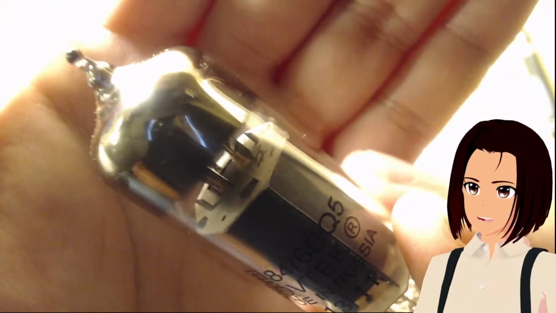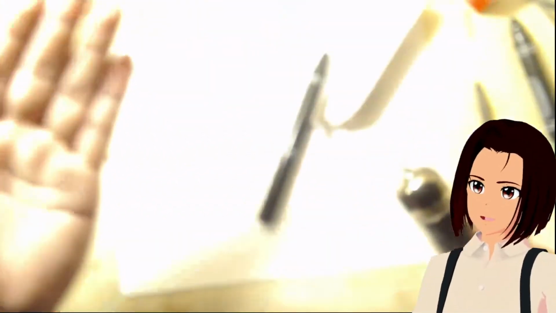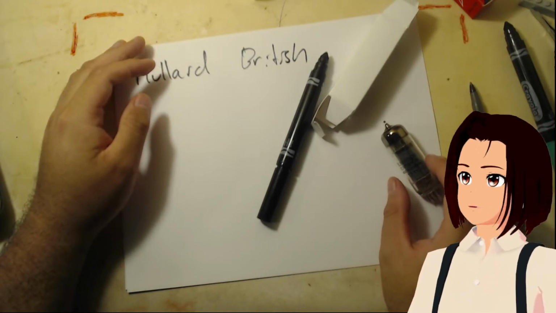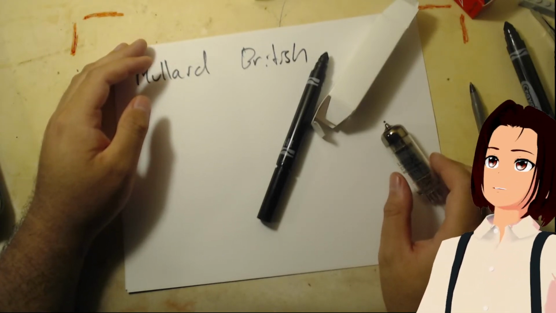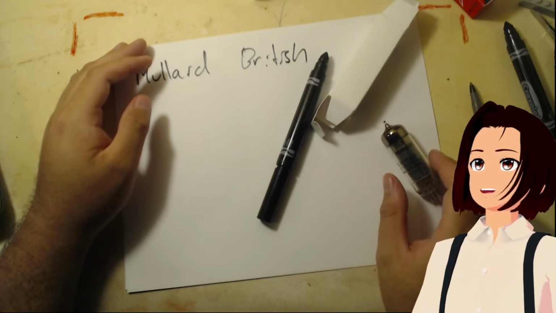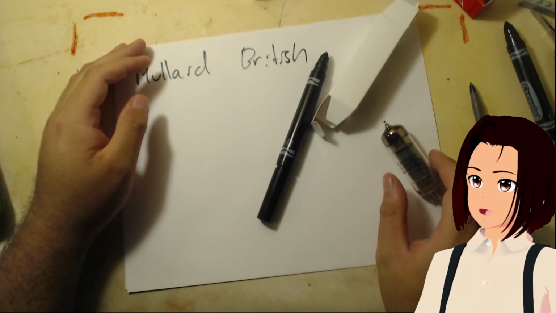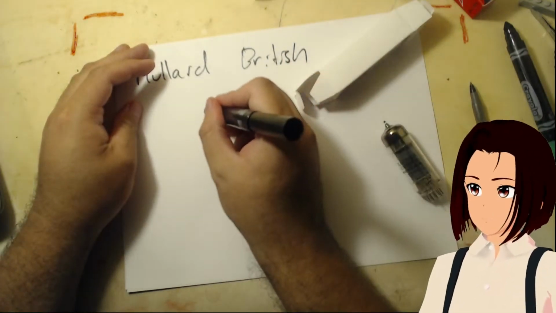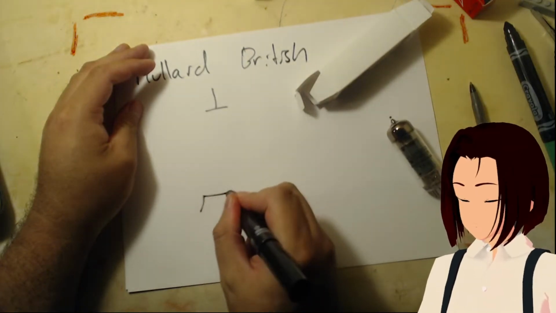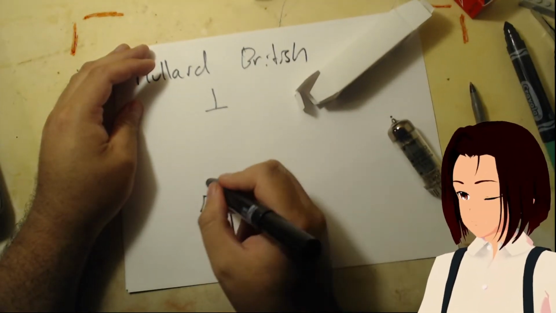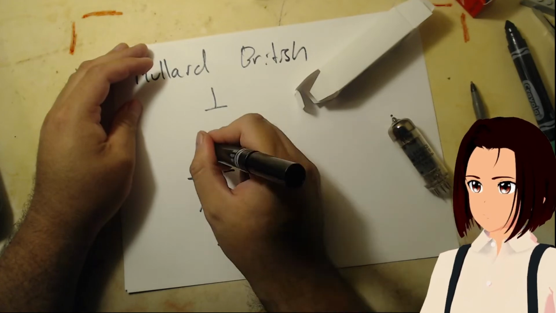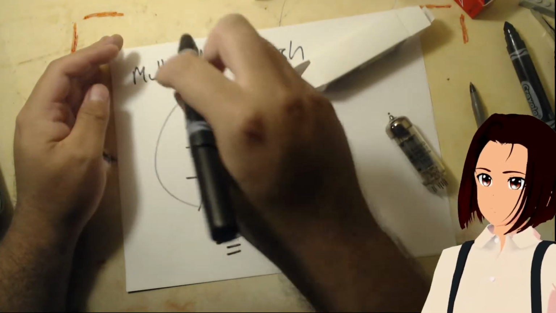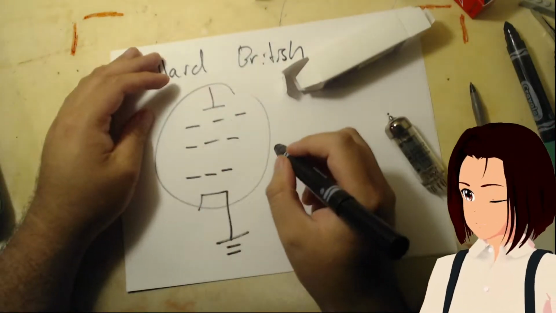Here's what they did. They added another grid. Oh my God, they did it. So here's what it looks like. Here's your first grid, here's your second grid, and here's your third grid. Boom. This is called the pentode.